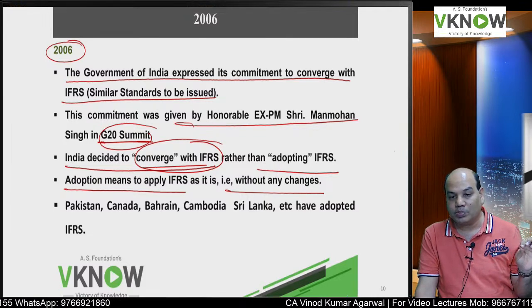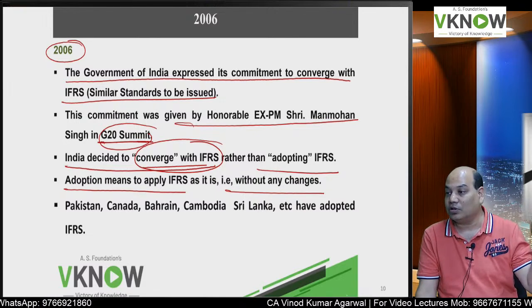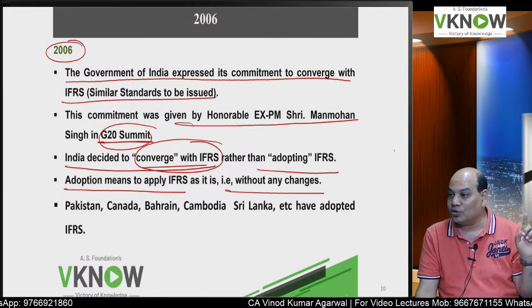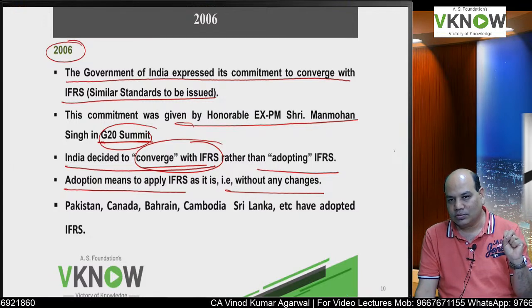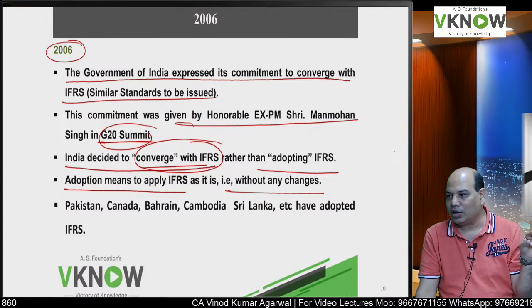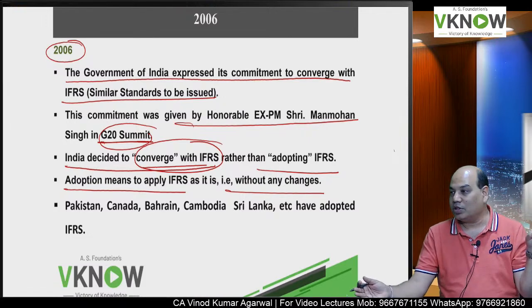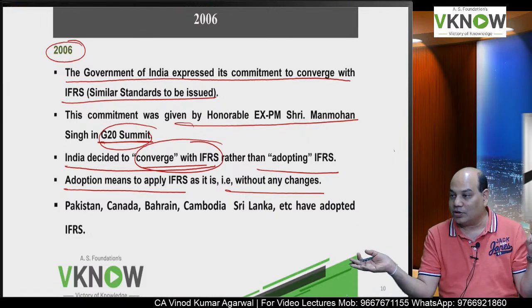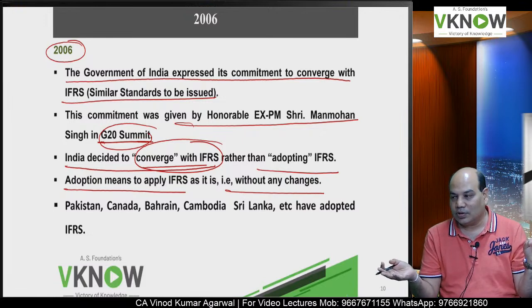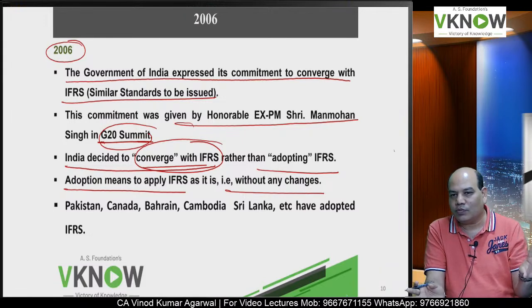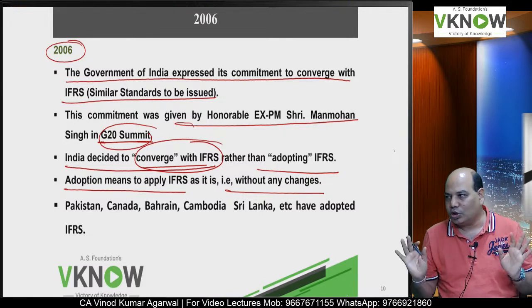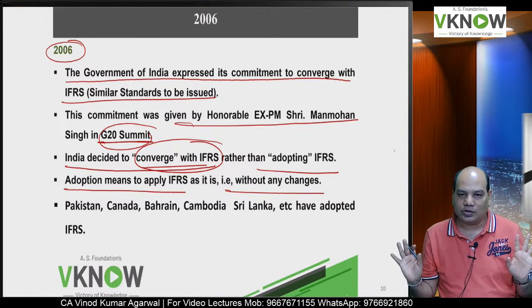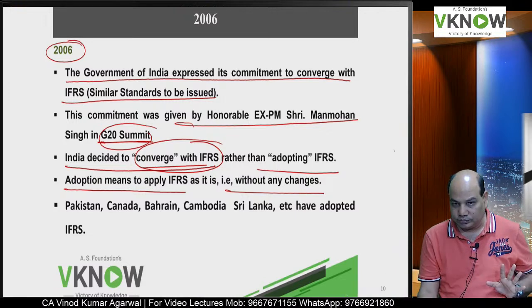For example, in the Companies Act, they use the term balance sheet, but IFRS uses the term statement of financial position. So if companies write statement of financial position and the Companies Act says company will prepare balance sheet, there is a difference. So we thought that instead of using the term statement of financial position, we will continue to use the term balance sheet. That was one example.